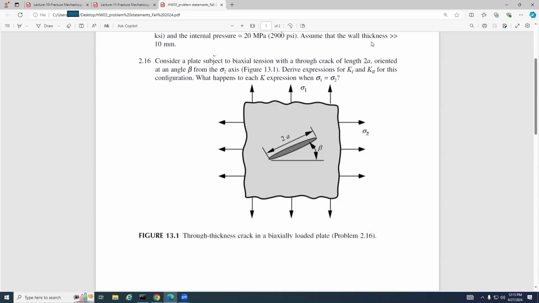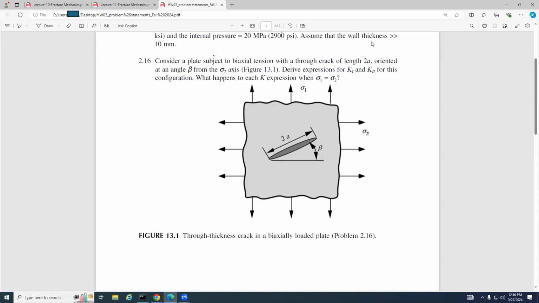So with that, I saw you raise your hand. Okay, so this is K1. Also similarly for K2. Are you calculating? Okay, I will not give you the answer; you calculate. So K2 equals sigma 1 cosine beta multiplied by sine beta, times square root of pi a.